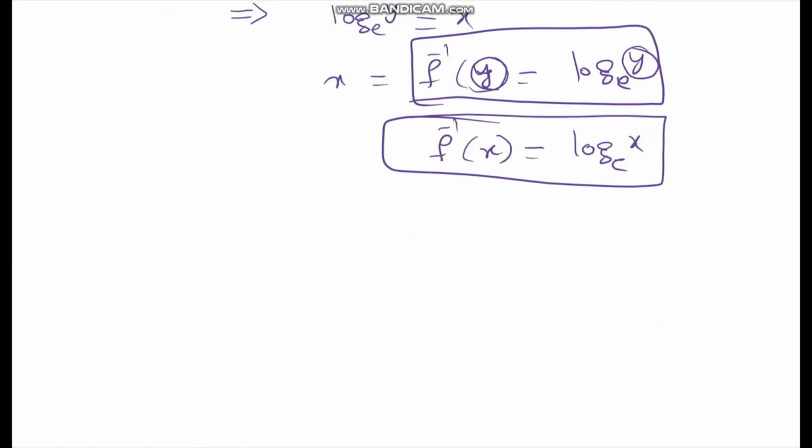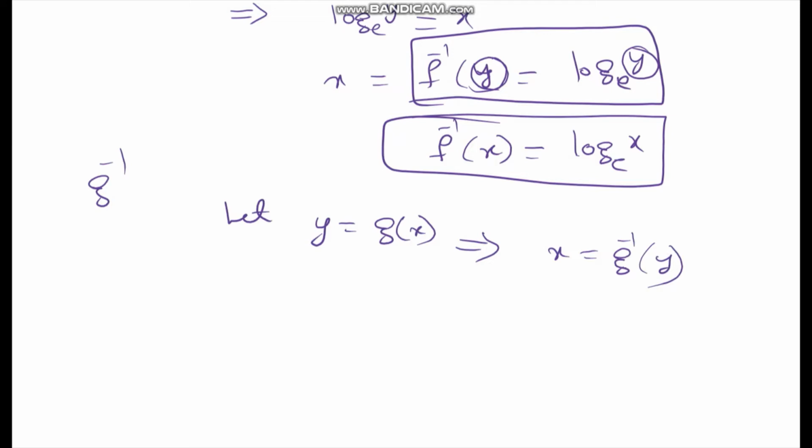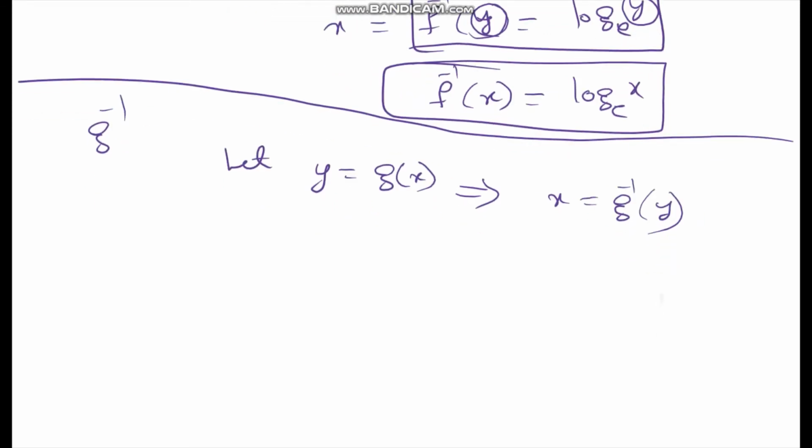Similarly, to find g inverse, let y equal g of x. That implies x equals g inverse of y. This is a separate question till here, and now it's separate. We need to do it separately. Y equals g of x is nothing but log x to the base e.